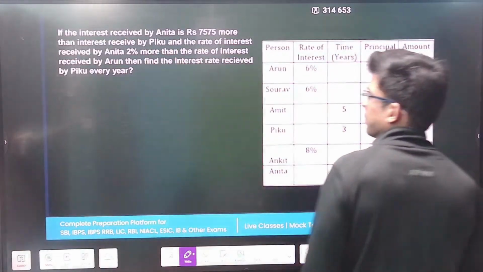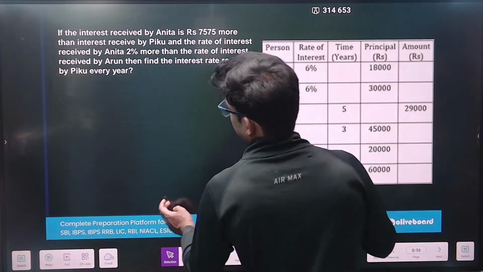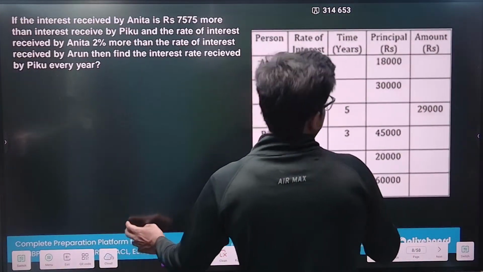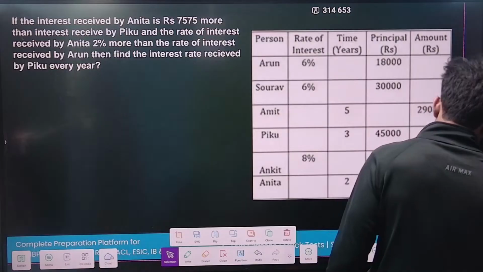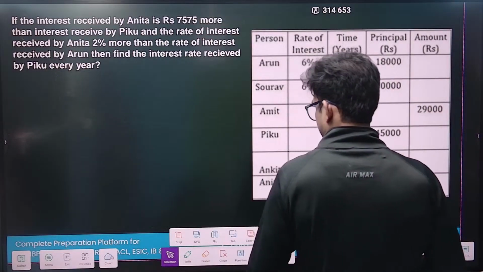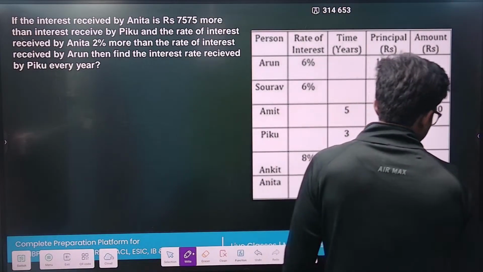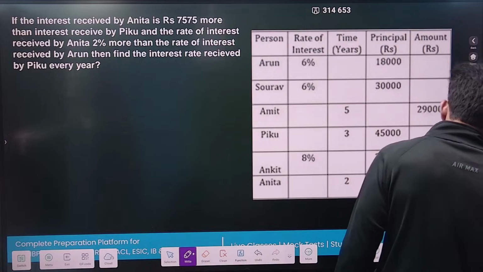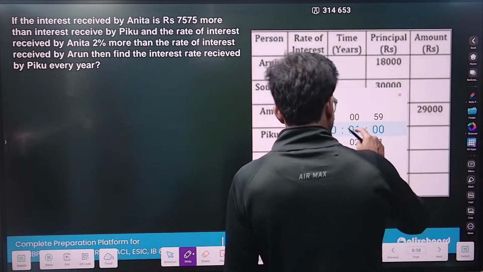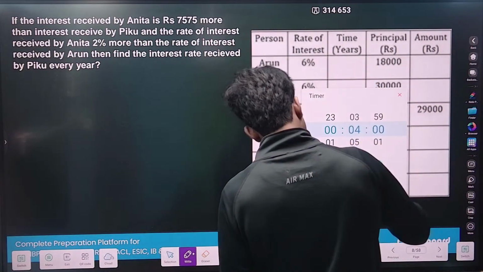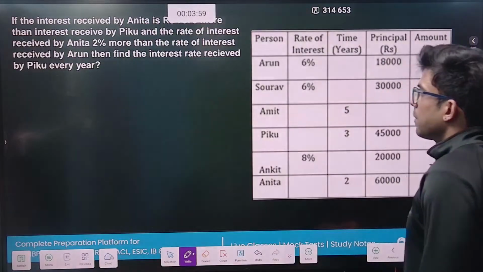Okay. Please try this question. Let me give you the timer. Come on, try.